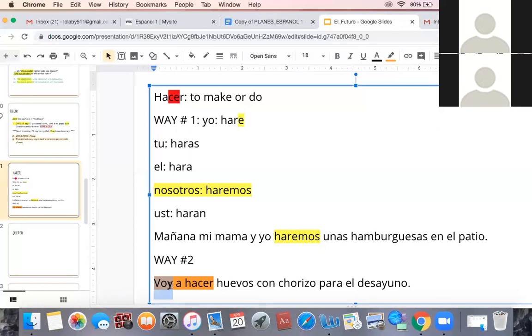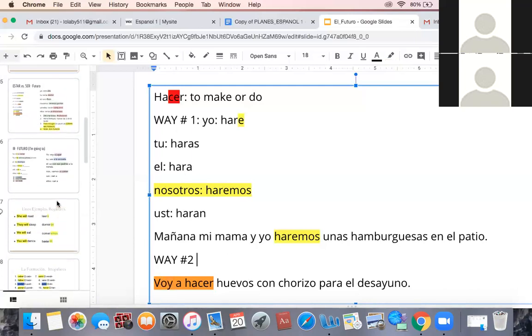What does voy stand for? Does it stand for me? Does it stand for he, for she, for them? Do you remember? Would it be I? Muy bien. Sí, it's I. Entonces, I hope you guys haven't forgotten.